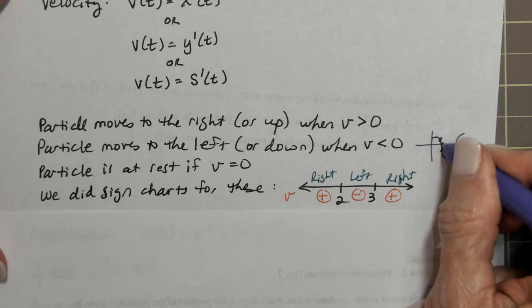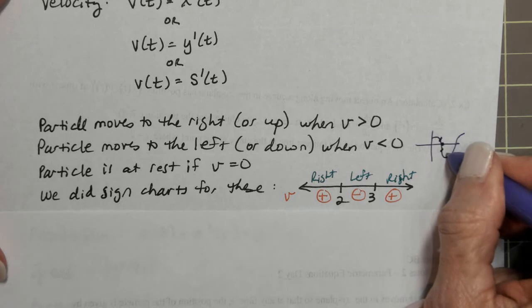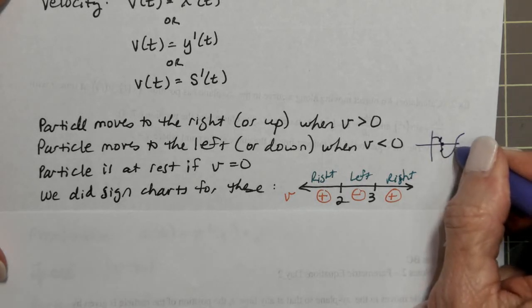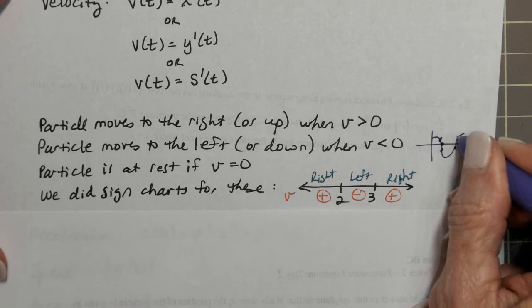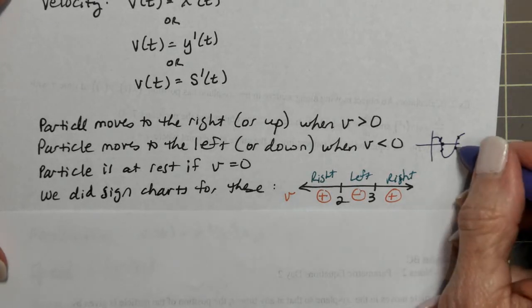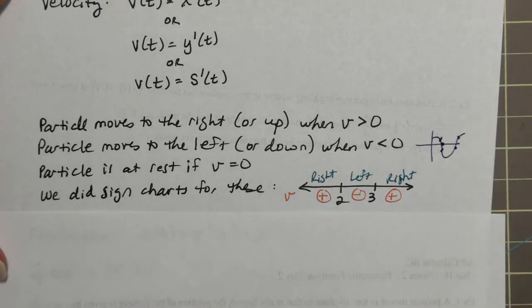And we said that would be where the particle is changing from right to left or up to down. Where the velocity was changing from negative to positive would be where it's changing in the other direction, going from left to right or from down to up. So we did things with velocity.